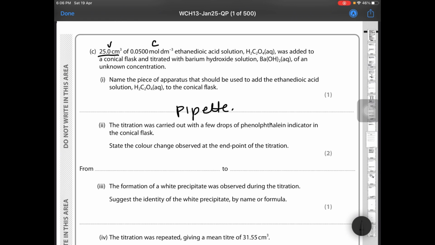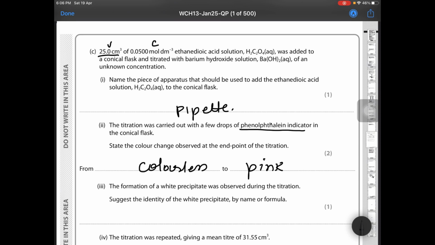P-I-P-E-T-T-E, correct spelling. Next is, the titration was carried out with few drops of phenolphthalein. So acid base titration, colorless to pink. Learn the indicators' color change, by the way.